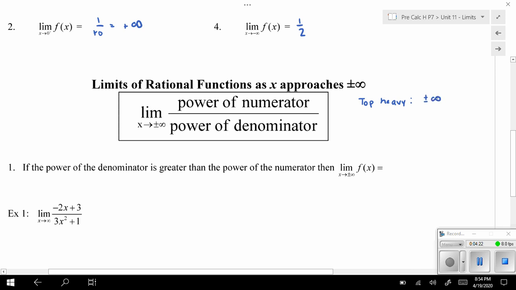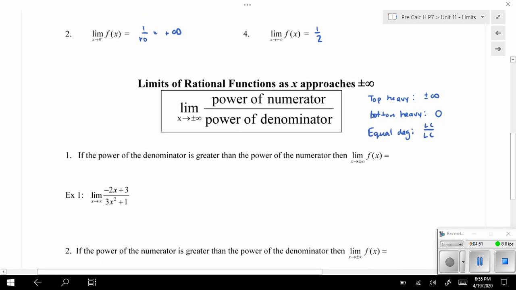That graph could go up forever or down forever because the top is growing faster. If it's bottom heavy, that implies that the denominator is getting bigger faster, which means that this function is tending towards 0 or the x-axis. And then if it's equal degrees, then we look at the coefficients, and we would just say it's the leading coefficient over the leading coefficient. LC there standing for leading coefficient.